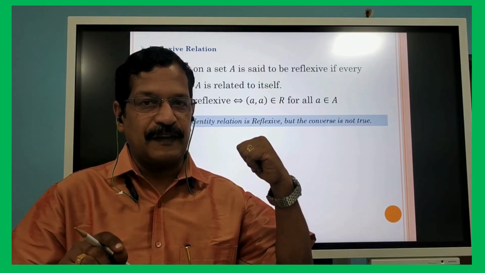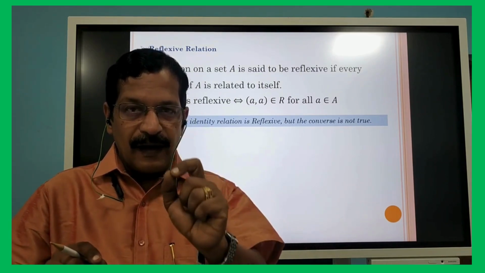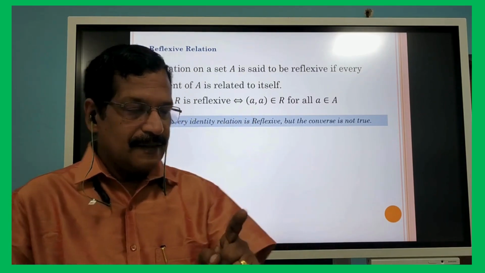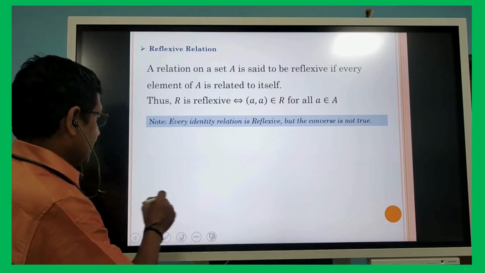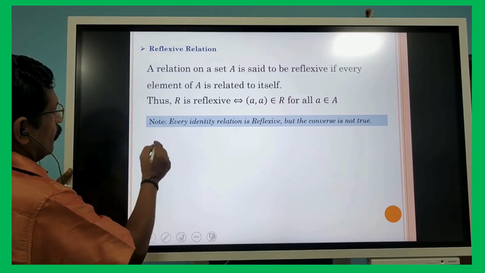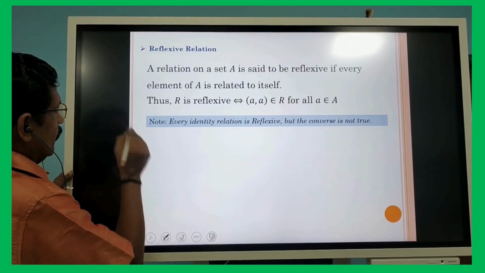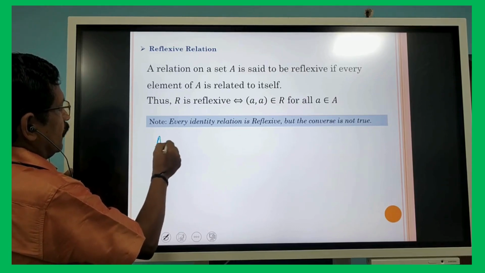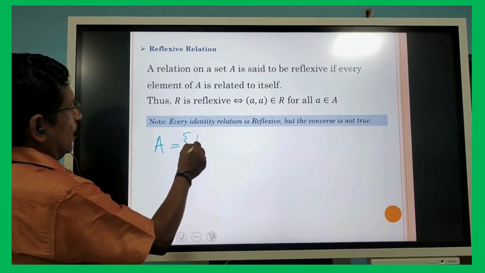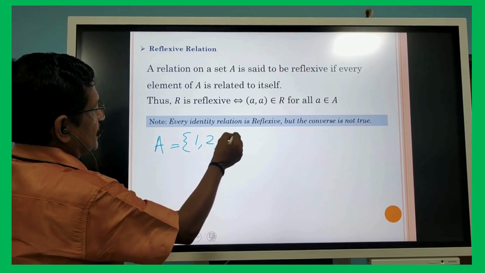We have seen the previous case. R1 is an identity. I shall repeat it once again. Suppose the set A is equal to {1, 2, 3}.